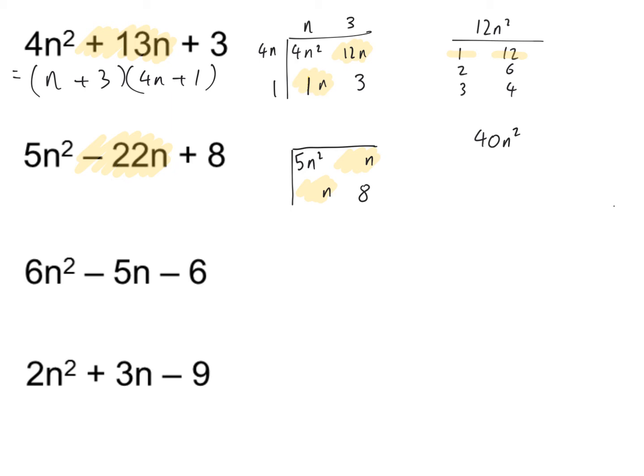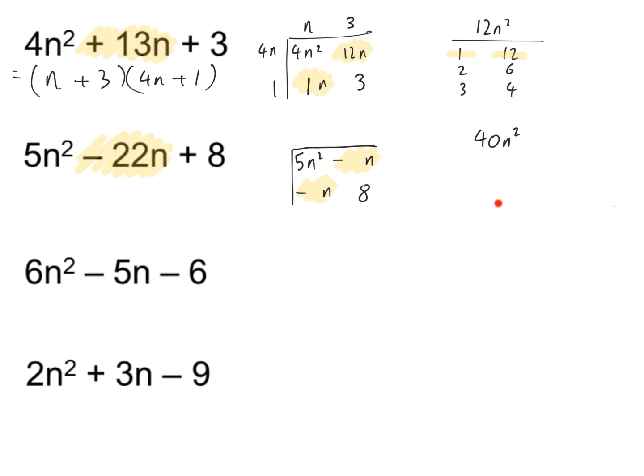Now, I see here these yellow boxes are going to have to add up to give me some negatives. So it means there's going to be negatives in here. However, these two terms have multiplied to give me a positive. So this means both of these are going to be negative, because I need negative something times negative something to give me positive something here.